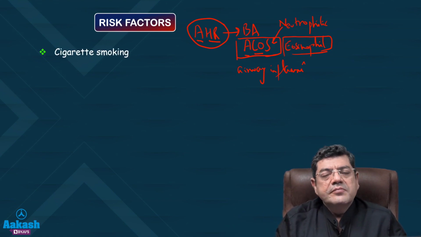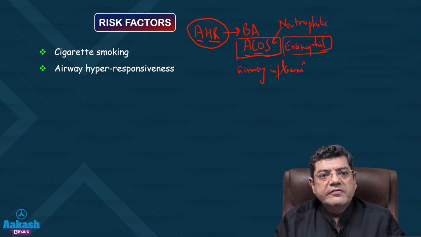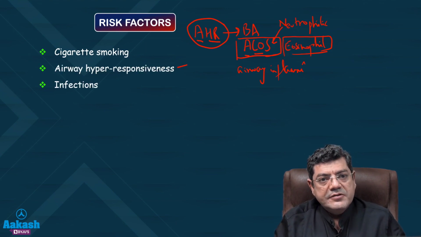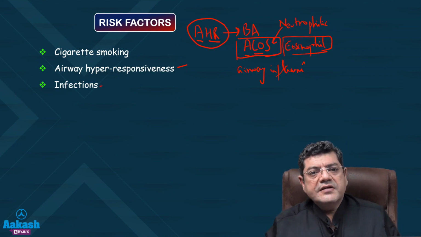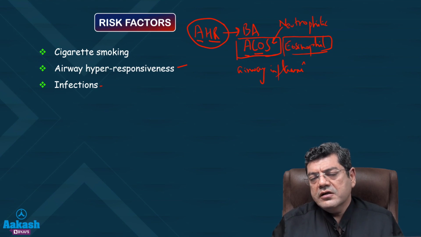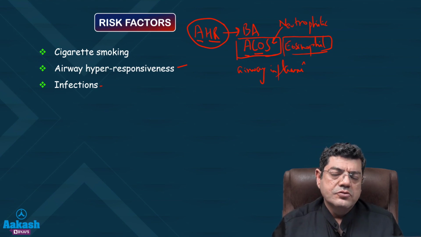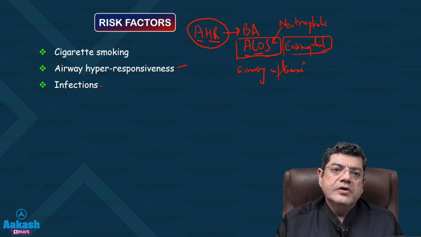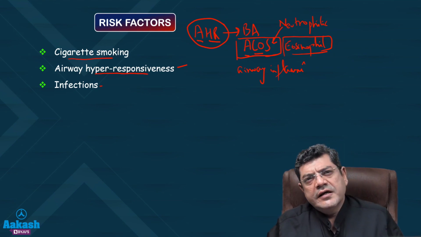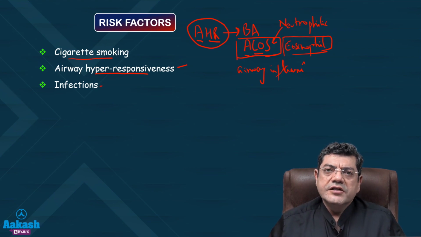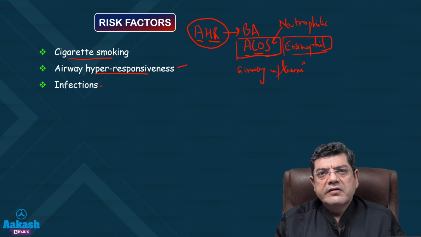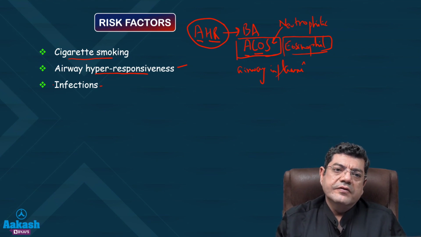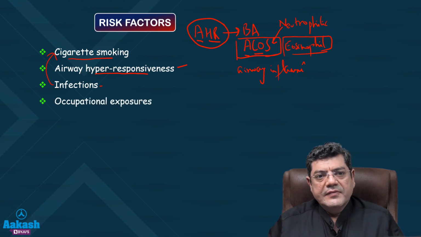So, cigarette smoking, besides that, what are the other forms of smoking we've discussed? We discussed airway hyperresponsiveness. Infections of themselves will not cause or predispose to COPD, but someone who has a hyperresponsive airway, someone who has a heavy history of heavy smoking, will be more prone to develop COPD early if they have recurrent LRTIs, right?